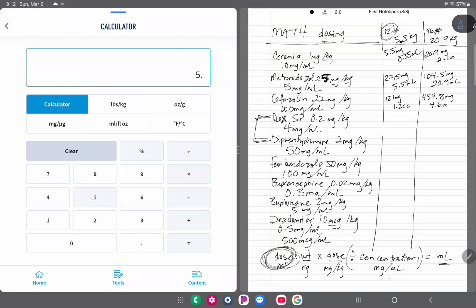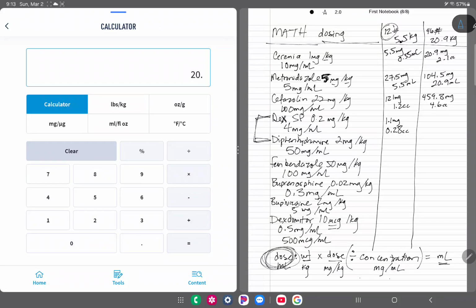So we take our weight, 5.5, times our dose, 0.2 mg per kg, and you get 1.1 mg. That is what you write in the computer. And then you take it divided by 4 mg per mil, the concentration, and you get 0.28, when we round appropriately, cc's. And I'm going to give that to my cat, usually IM.